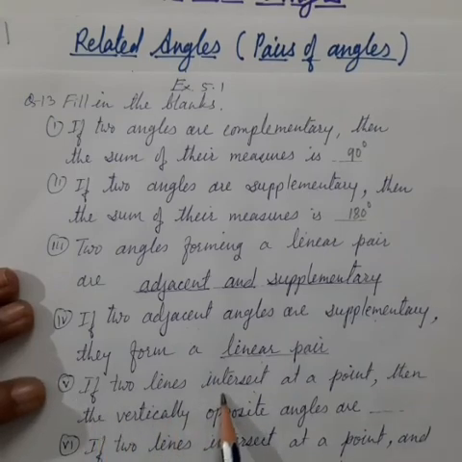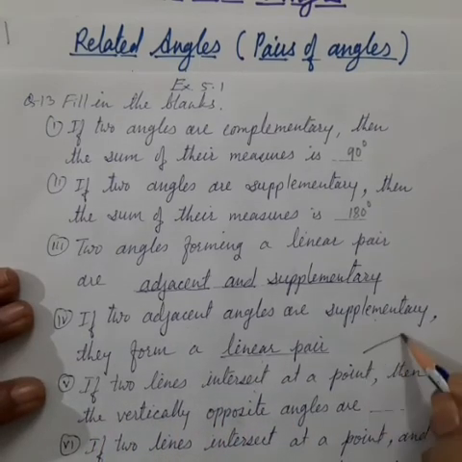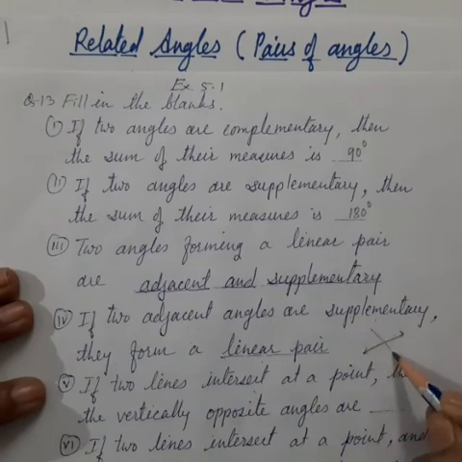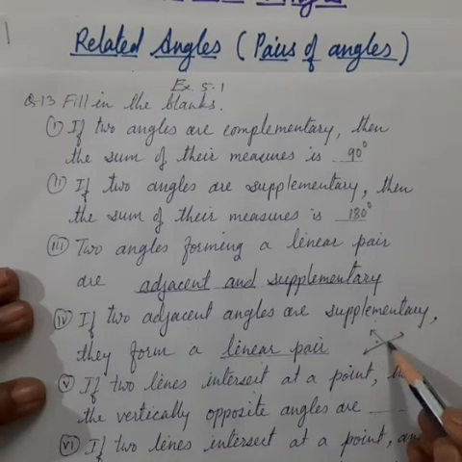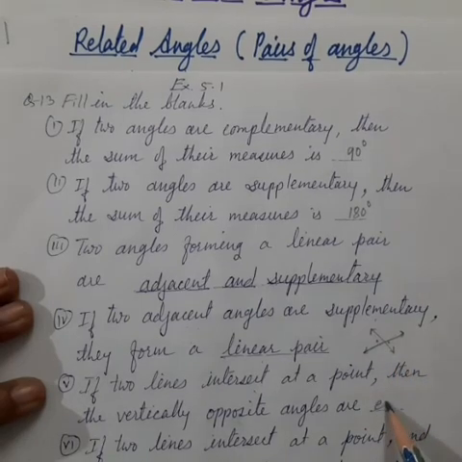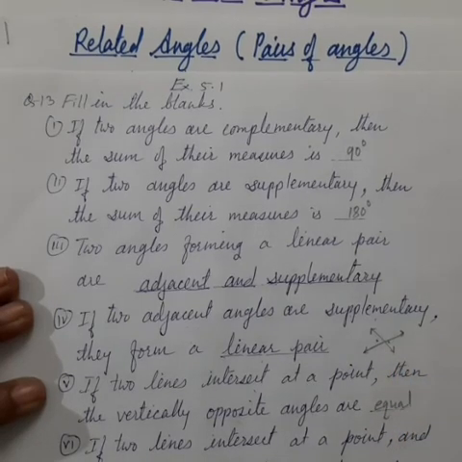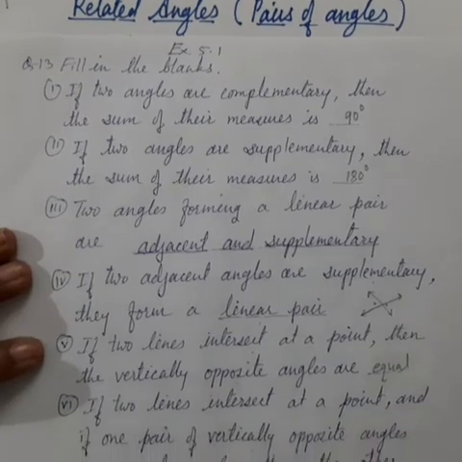If two lines intersect at a point, then the vertically opposite angles formed are always equal.